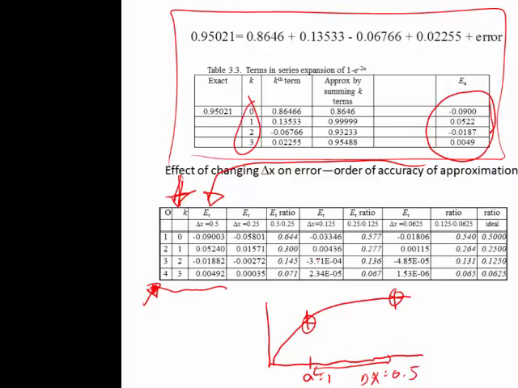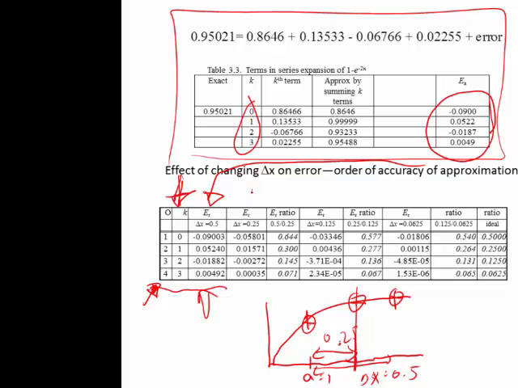So we can think of it conceptually as I know everything about the function here, and I want to predict that value there, and I did that right here. Okay, so now I'm going to cut delta x, and I'm going to do the same thing, but I'm going to say delta x is 0.25. Okay, so now delta x is that, and I want to predict the value right there.